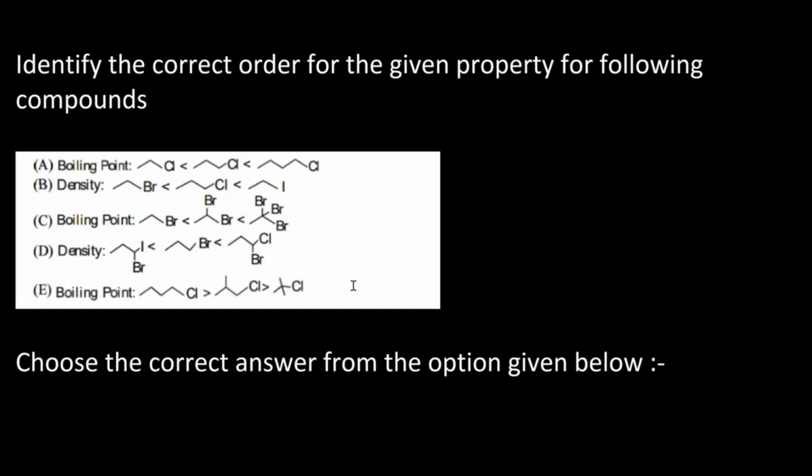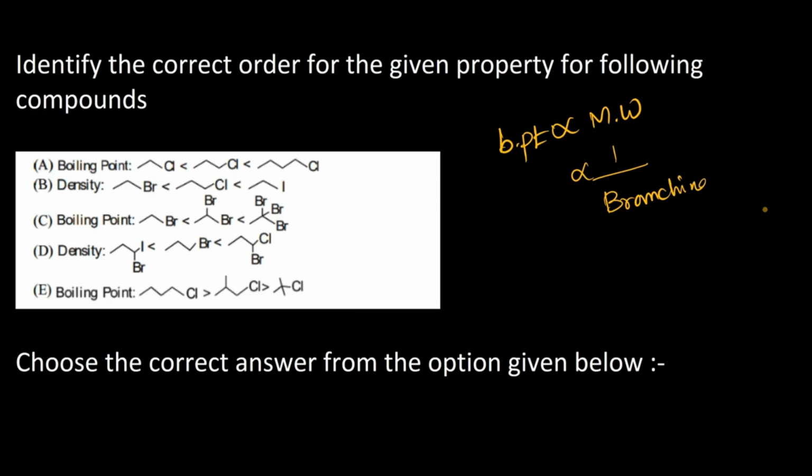Then the next question, identify the correct order of the given property for the following compounds. Boiling point, density is given. So boiling point depends on 2-3 things, which is directly proportional to molecular weight and inversely proportional to branching.